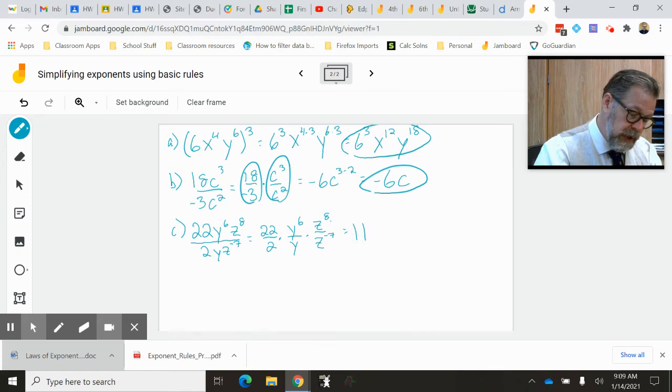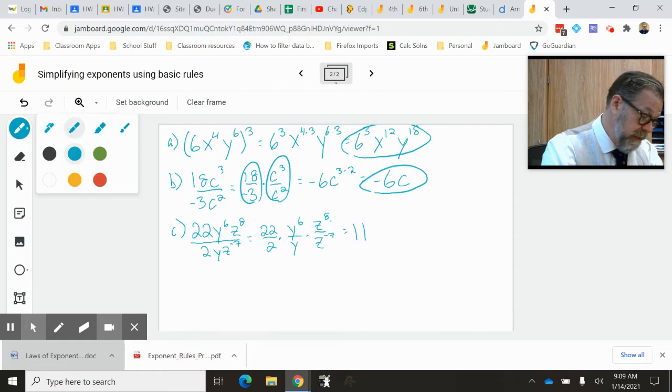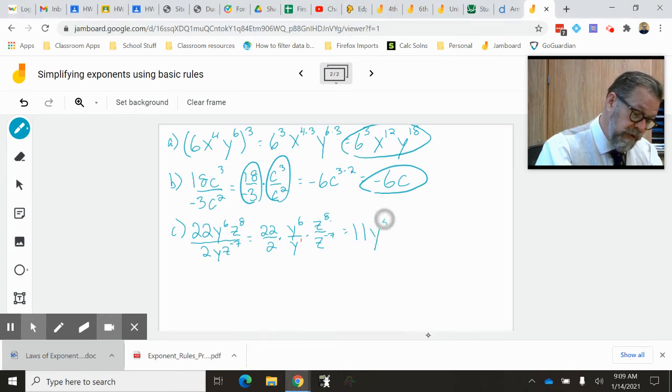22 divided by 2 is 11. y to the 6 divided by y. Well, if I think about it, that's the same as y to the 1. It's just we don't write the 1. And so that becomes y to the 5th. Now, I could do one of two things here.